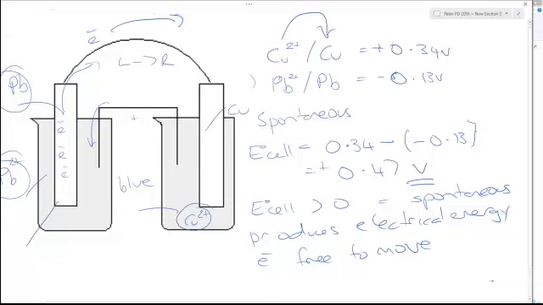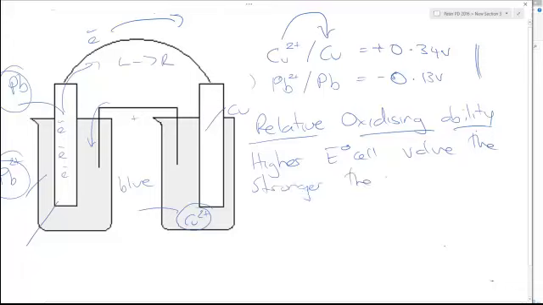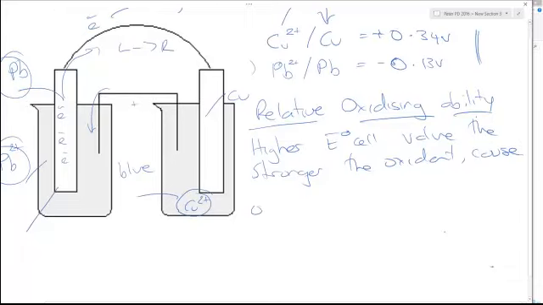And what can be the next question? Now, relative oxidizing ability, we're making some comparisons here. You look at these voltages, and that's what this is really asking us to do. So the higher the E0 cell value, the stronger the oxidant. And therefore it will cause oxidation to happen as it is reduced.